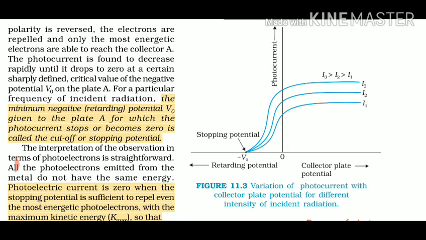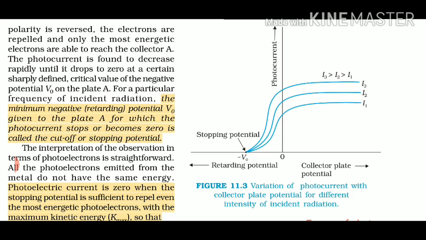As I move towards the right hand side, I'm increasing the collector plate potential. The collector plate is the anode plate connected to the positive terminal of the battery. So if you are increasing collector plate potential, you are making the anode more positive.